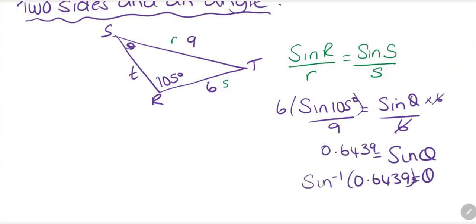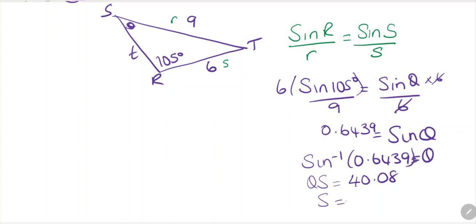So we're going to put sine to the minus 1 of 0.6439 is equal to our angle. So our angle, we said theta, which is S. So we can say angle S is going to be 40.08, which is 40 degrees.